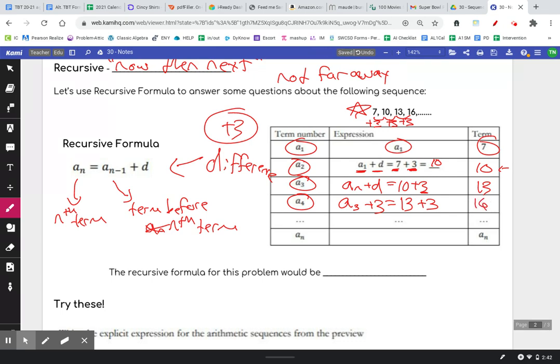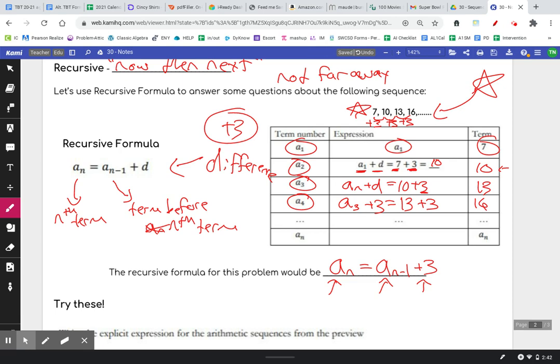And we need a generic formula, right? So if I wanted to make a recursive formula for this sequence, it would look like this, okay? Our nth term is just going to be our previous term plus the difference of 3. Meaning I can figure out whatever this is by taking whatever the term before it was and just adding 3 to it.